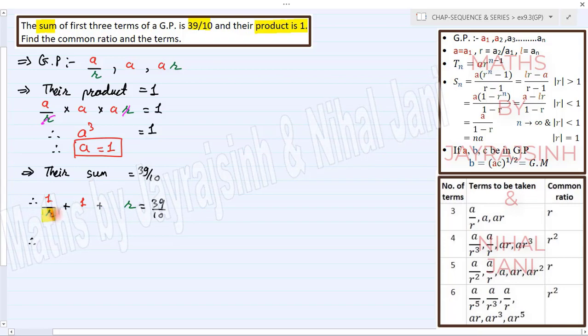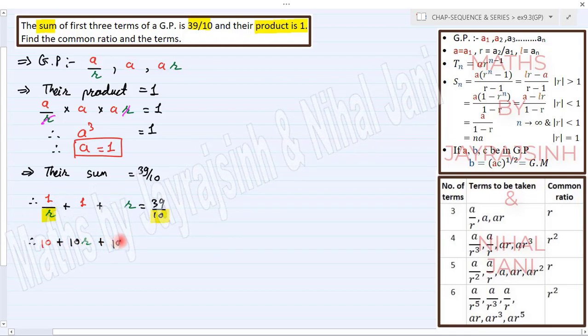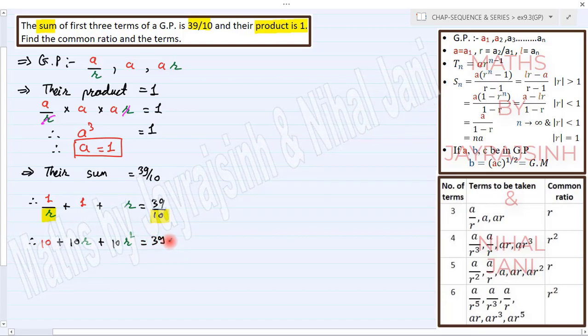Let's multiply the whole equation with R and 10. So, you will get 10 plus 10R plus 10R square is equal to 39R.